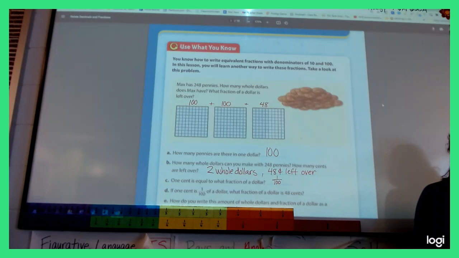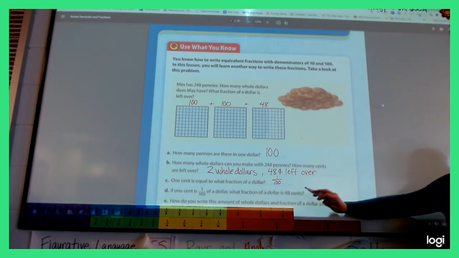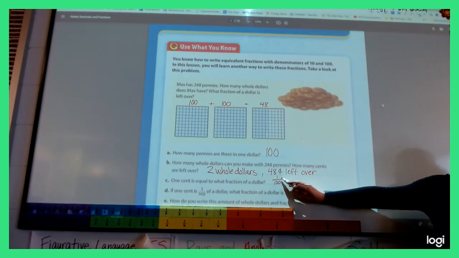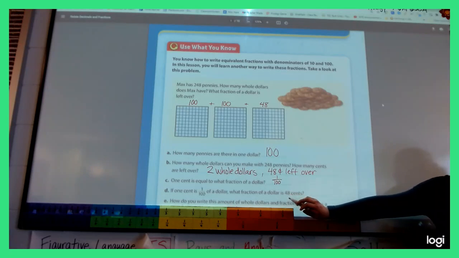I've got 2 hands. I've got 3 hands. I've got 4 hands. Liam, what do you think? Okay. So remember, 1 cent as a fraction is 1 over 100. What would 48 cents look like?